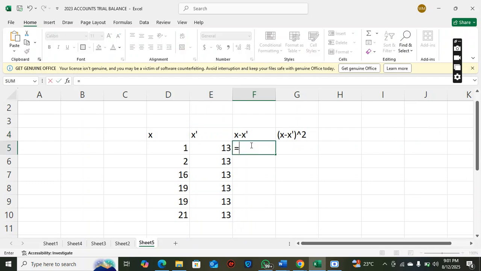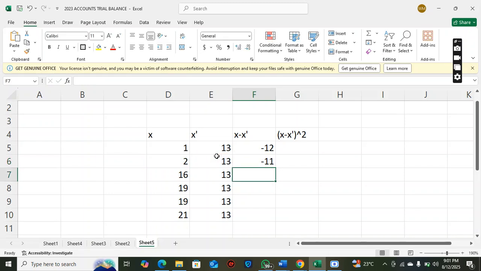So we calculate the deviations. 1 minus 13, negative 12. 2 minus 13, negative 11. 16 minus 13, 3.